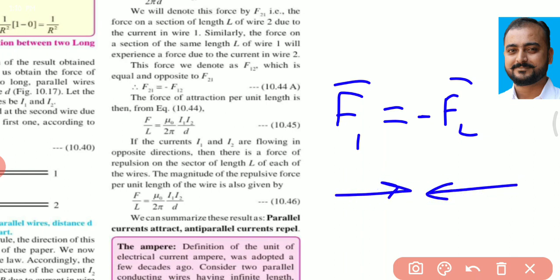One is towards the left side and the other is towards the right side. Their directions are opposite, but they are equal in magnitude. So here we discuss only the case of like currents.